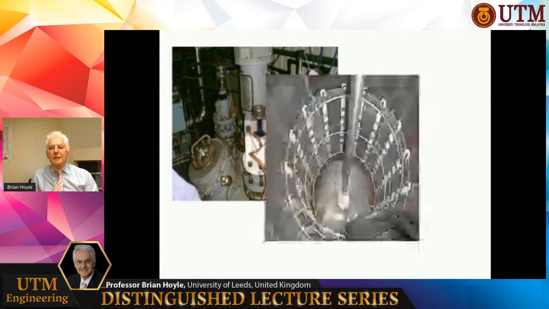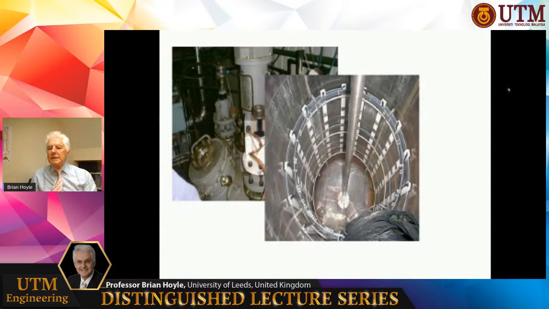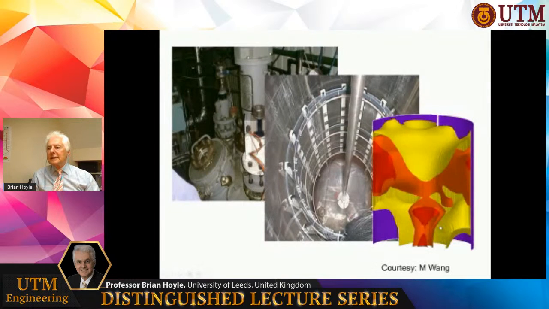So let's think about looking inside, and here we can look inside this and see that if we attach some temporary electrodes, we can then create beautiful pictures like this one, courtesy of my colleague Mi Wong at Leeds. And here we can see a little bit of color segmentation here, 2 or 3 different materials.